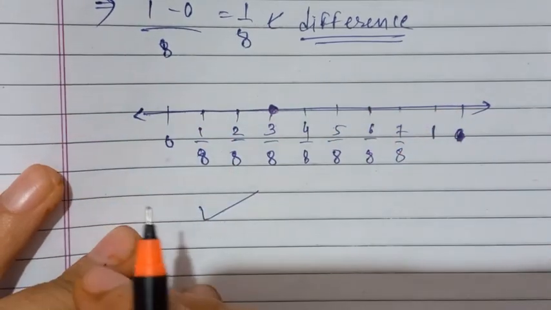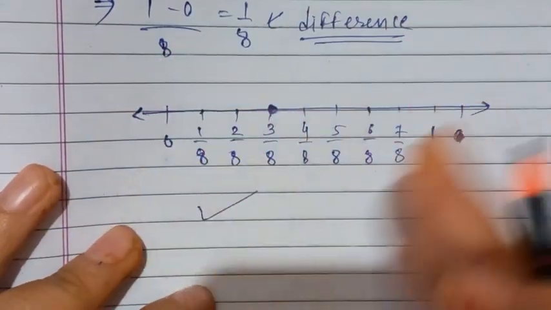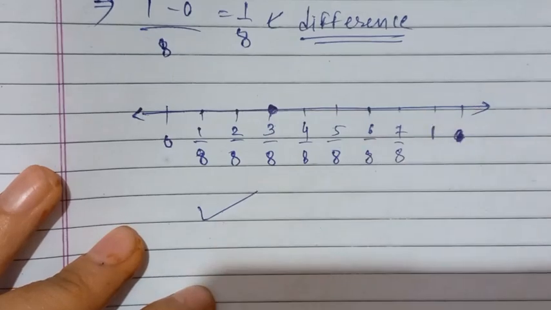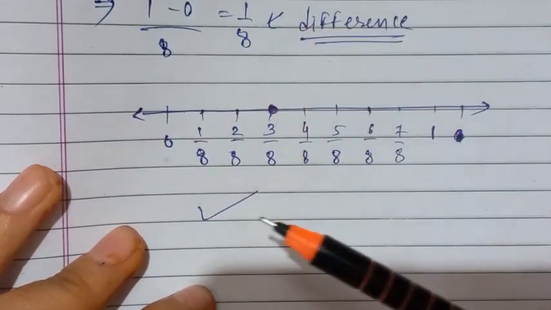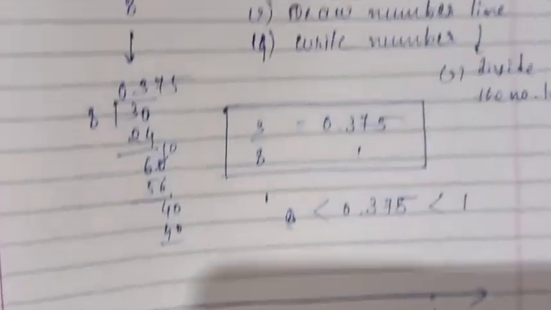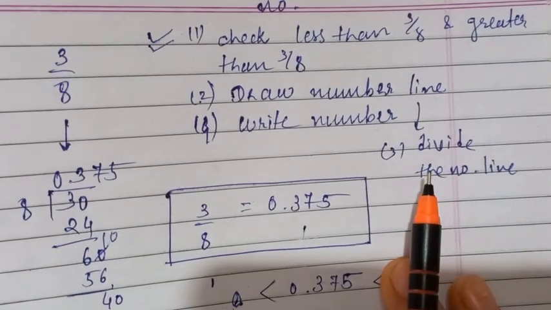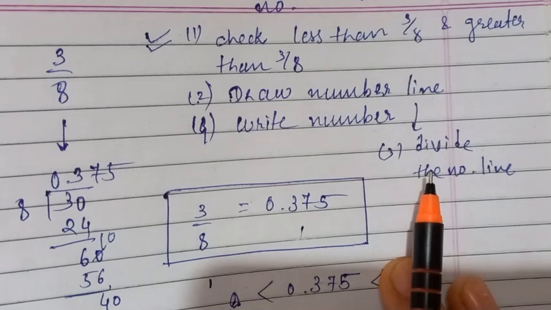Okay, so in this way you can represent any rational number in a simple way. If you are asked 5 by 8, or 6 by 8, you can. The simple steps: check the number less than and greater than, then draw the number line.